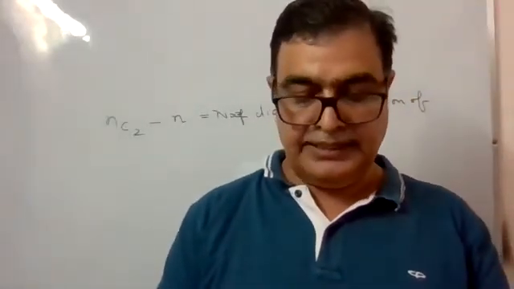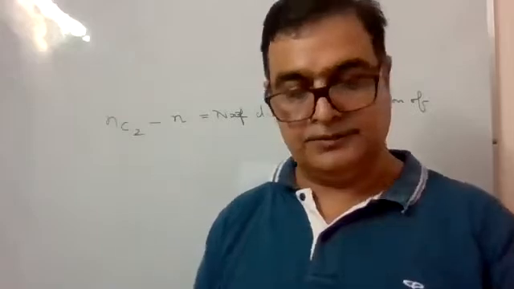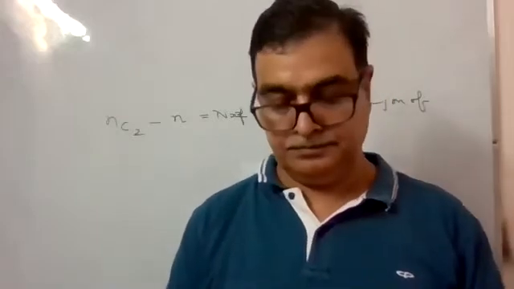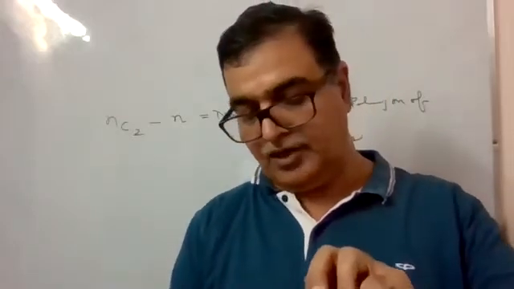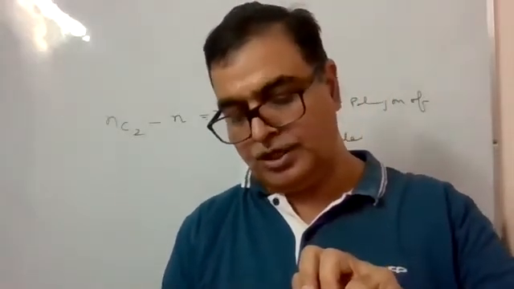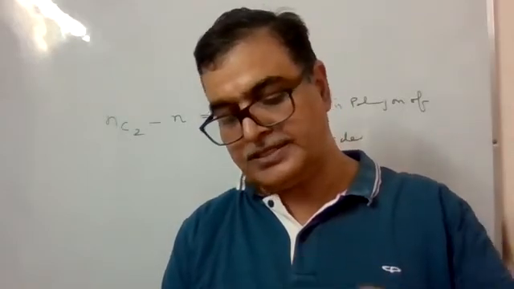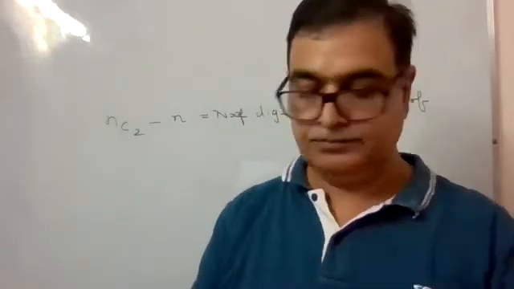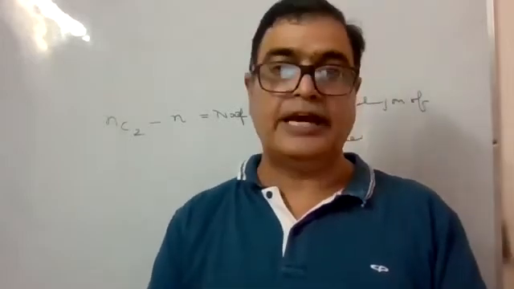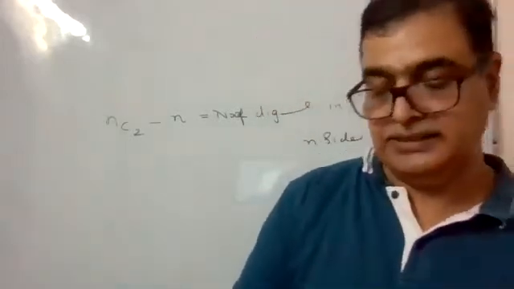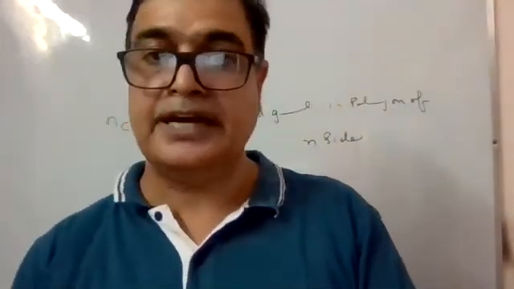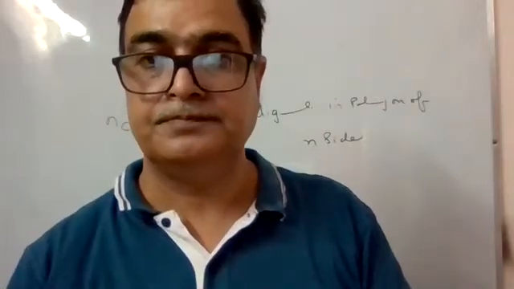If the diagonals are 44, the question is how many sides are there in the polygon? You should tell how many sides it should have.